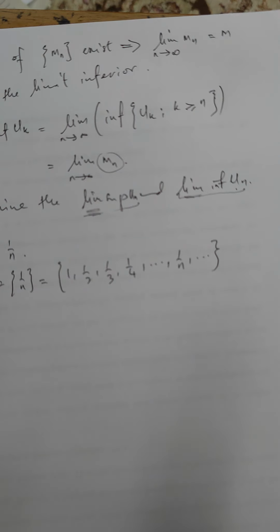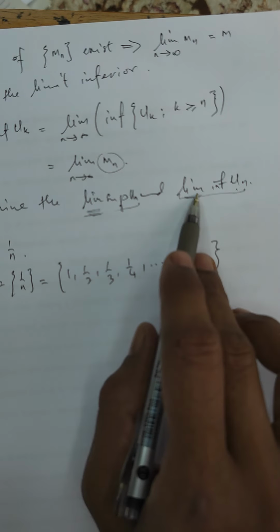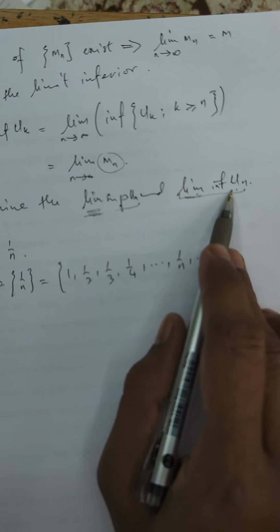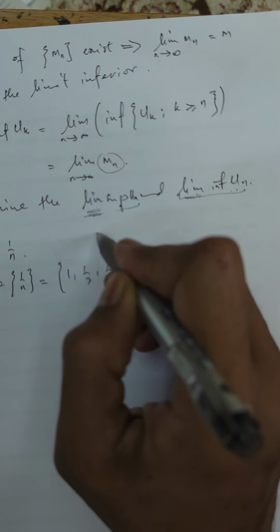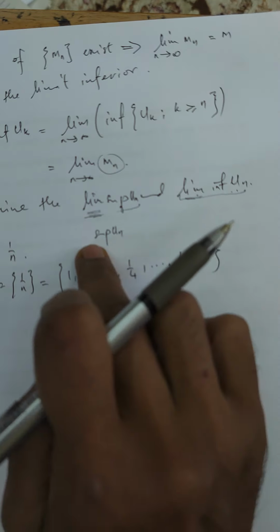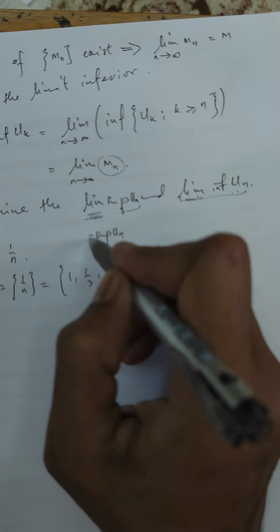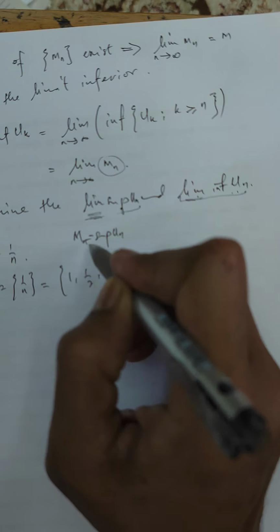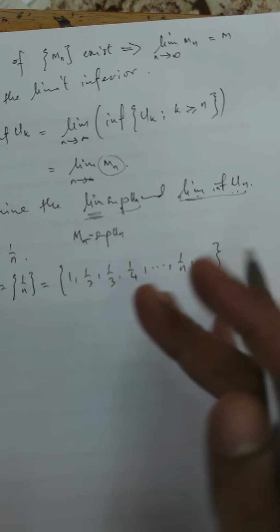Okay, now remember that in order to find lim sup, first we need to find the supremum itself of un, and then we define the supremum as mn. Now let's do that.